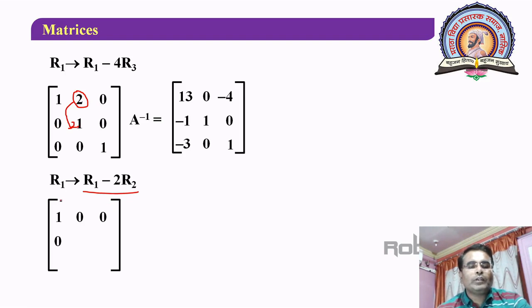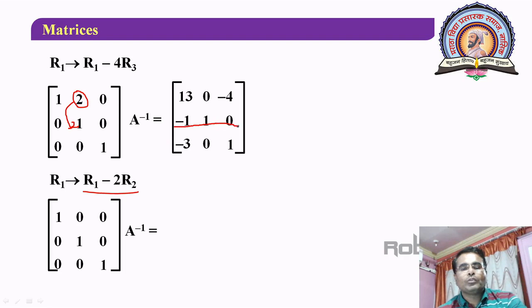Then there will be no change in the second row or third row, they remain as it is, into A inverse, and that is equal to the same transformation on the right hand side, R1 minus 2R2. You have to multiply this second row by 2. What you will get? Minus 2, here 2, and here 0.